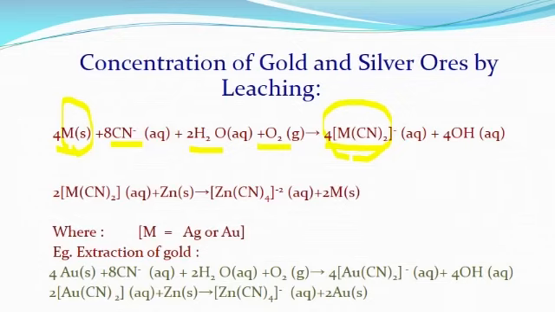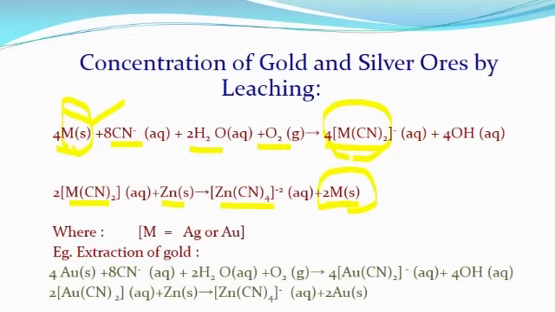This particular complex again reacts with zinc to form another coordination complex of zinc. The second product is the solid form of metal. But this solid metal is the purest form of metal compared to the first metal.